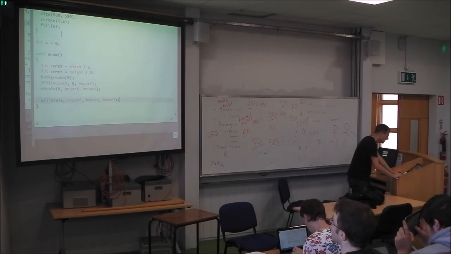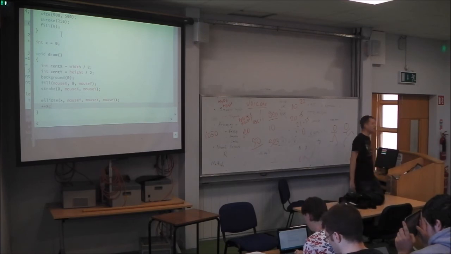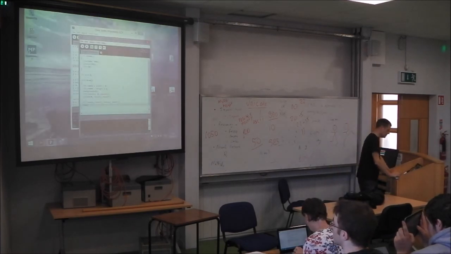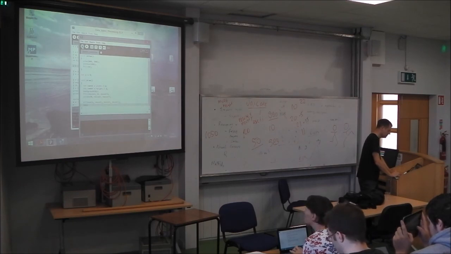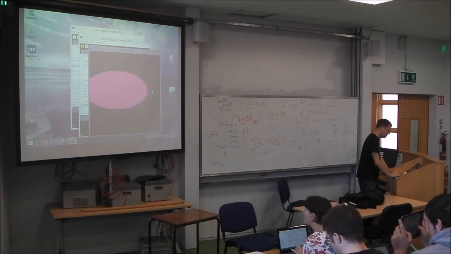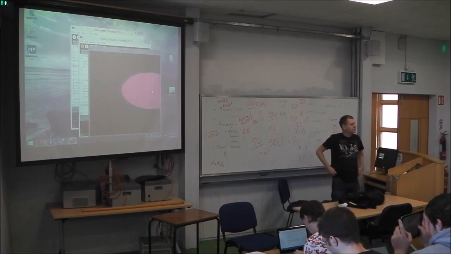And then use X there, and then go X plus X, which will just add 1 to X each time around I do the draw. So let's try this one now. And there's the thing moving all by itself.